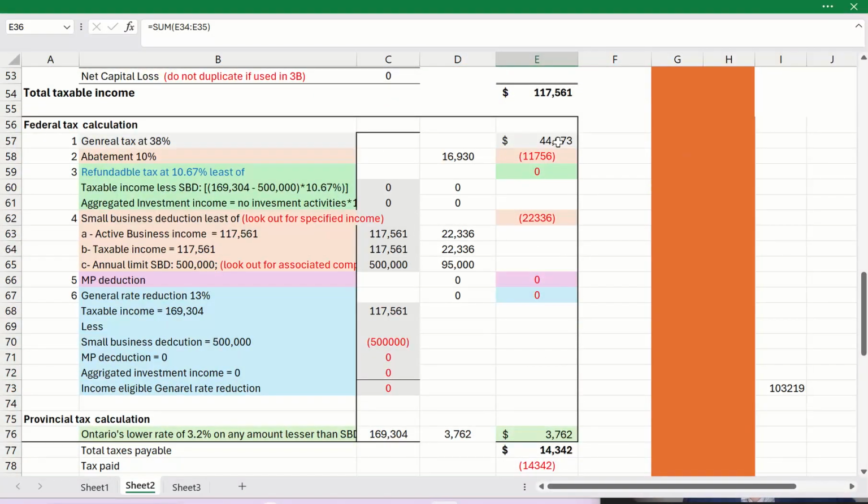Again, this is simply the multiplication of this taxable income times 38%. That's the general tax rate, 38% for any corporation, and then they get an abatement of 10%. This is more of an abatement. It's like a deduction or credit.